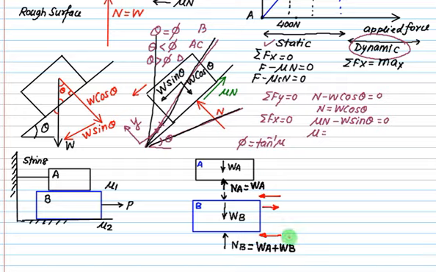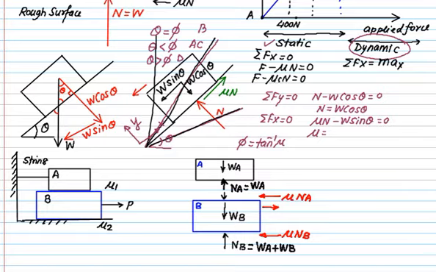Rule number 2 says that the friction force is proportional to the normal reaction. The normal reaction at the bottom is NB, and the normal reaction on the top surface is NA. So the first job is done.